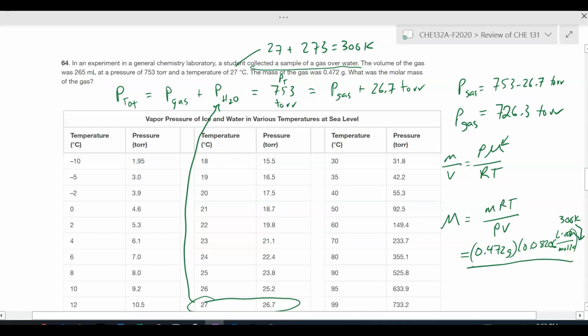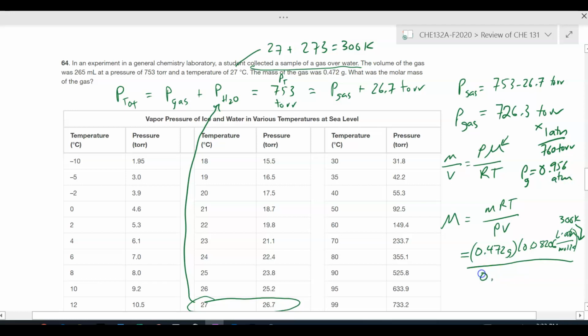And then on the bottom, my pressure. I've got it in torr, I need to get it in atmospheres, so if I multiply this by 1 atm over 760 torr, which is the conversion factor for that, I get my pressure of my gas is going to be about 0.9 or so, 0.956 atm.